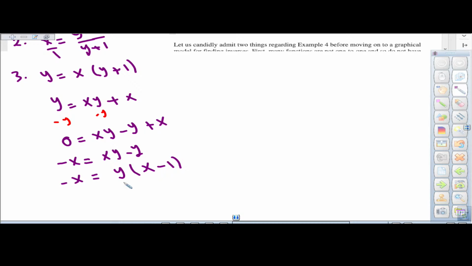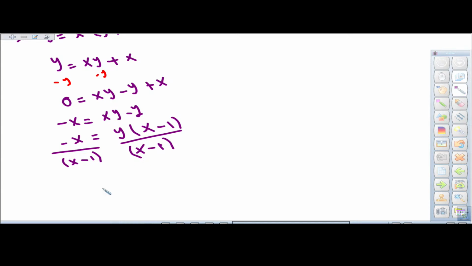Then if I wanted the y by itself, you just have to divide by x minus 1 on both sides. So basically I have y equals negative x divided by x minus 1.